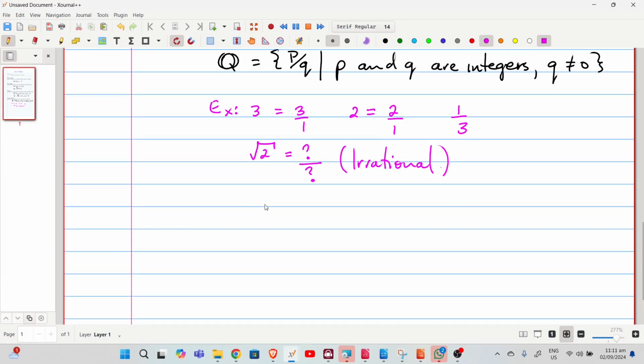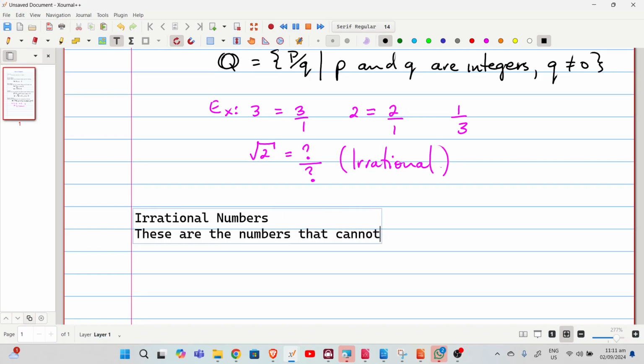Okay, so I'll just write a little note here about irrational numbers. These are the numbers that cannot be expressed as a simple fraction.